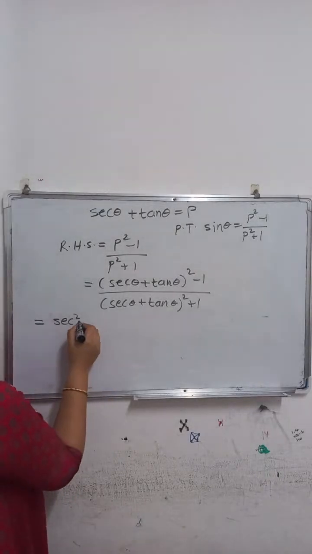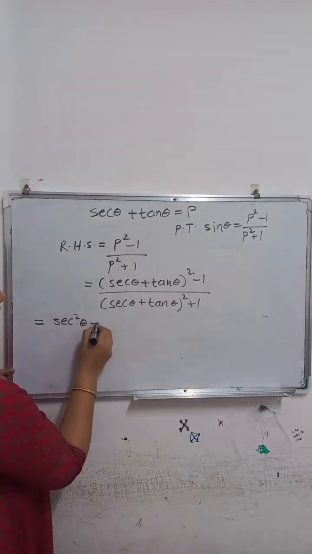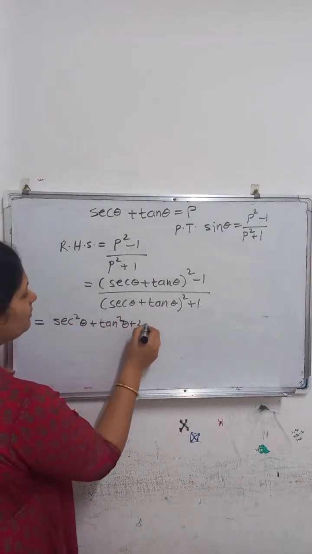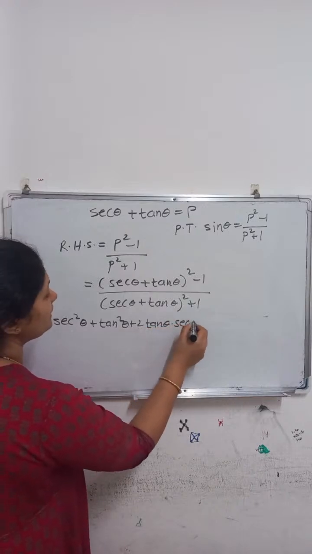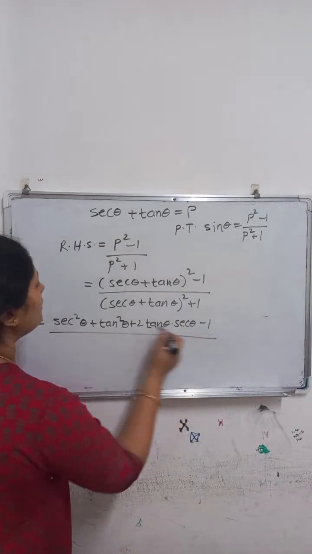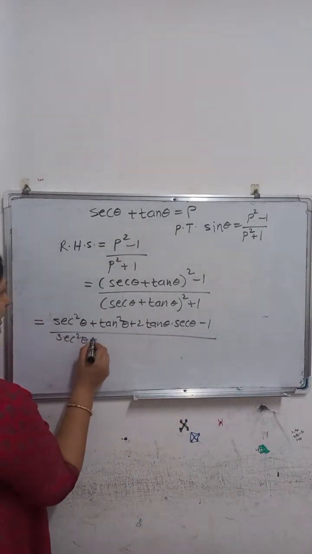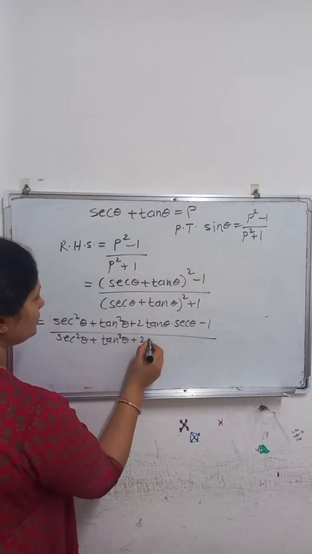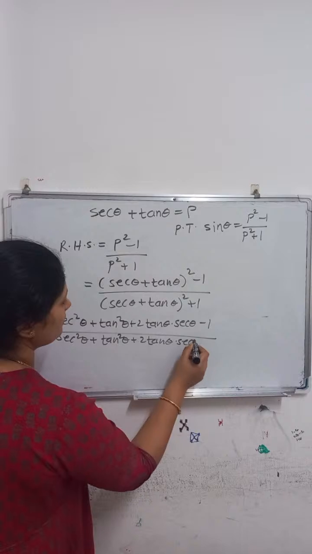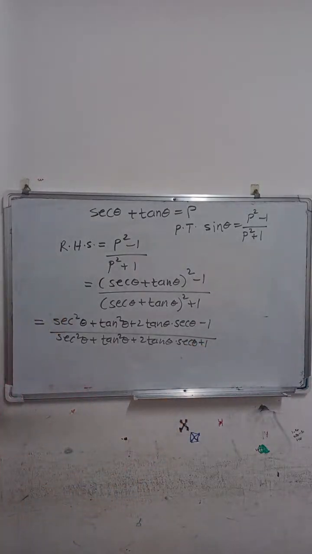So (sec theta plus tan theta) whole bracket square is sec square theta plus tan square theta plus 2 tan theta into sec theta, minus 1, upon, we can write it here again, sec square theta plus tan square theta plus 2 tan theta sec theta plus 1. Can you get up to here?